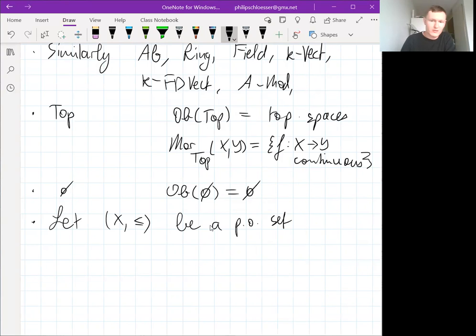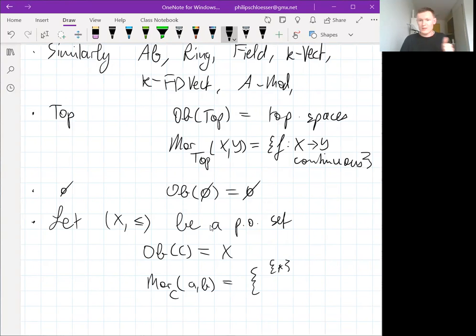We can also make that one into a category, namely by defining the objects of that category to be the elements of X. And then we say the set of morphisms between A and B is a singleton set containing exactly one element if A is less than or equal to B, or the empty set if A is not less than or equal to B.